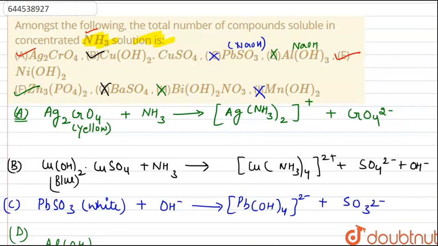So from the question we can say that the compounds soluble in ammonia are 1, 2, 5 and 6. So the answer is only 4 compounds, and this is the solution to this question.